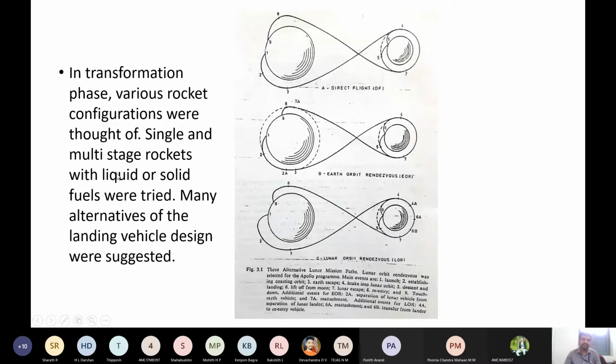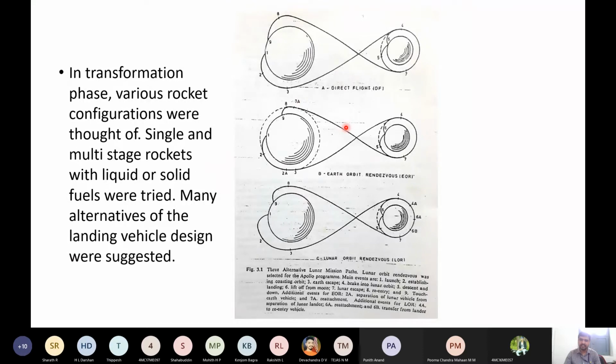Single and multi-stage rockets with liquid or solid fuels were tried. Many alternatives of the landing vehicle design were suggested. So there were many permutations and combinations. That means they thought of various possible solutions.